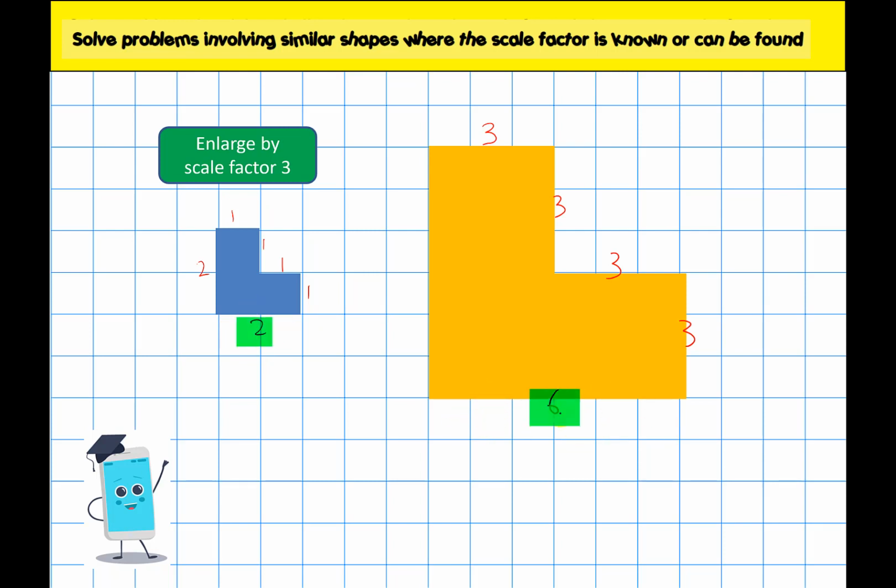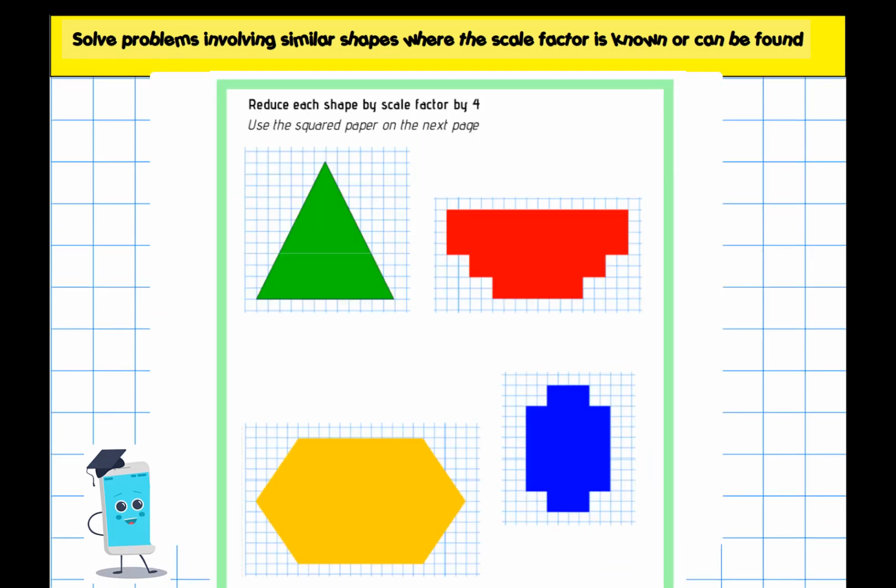And 6 is 3 times larger than this. And our last side, 1, 2, 3, 4, 5, 6. It's 3 times larger than this. So when you see your scale factor, it simply tells you how many times bigger it needs to go if we're enlarging. The next activity we're going to look at reducing.